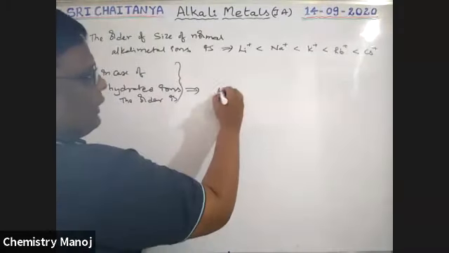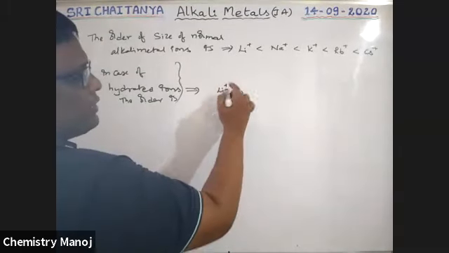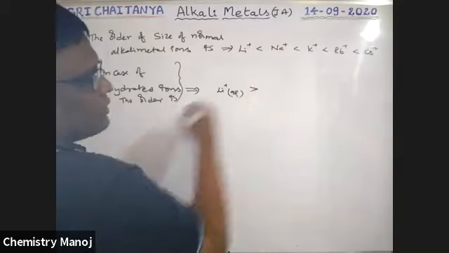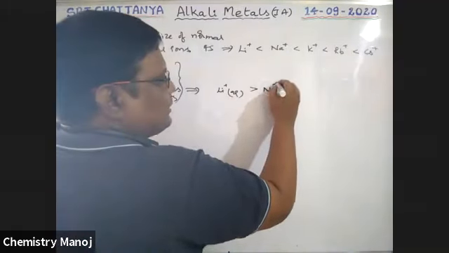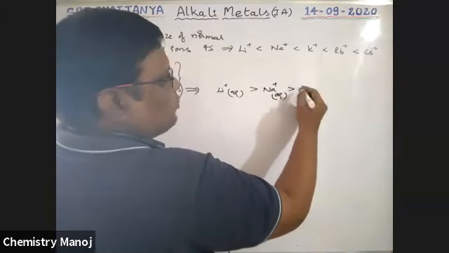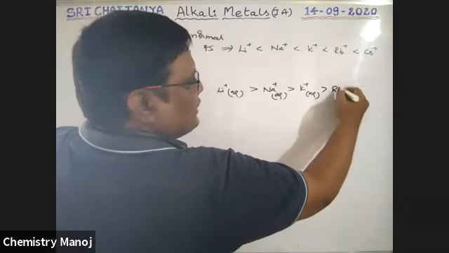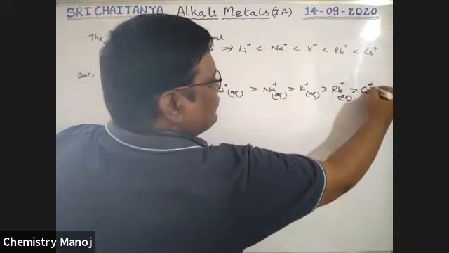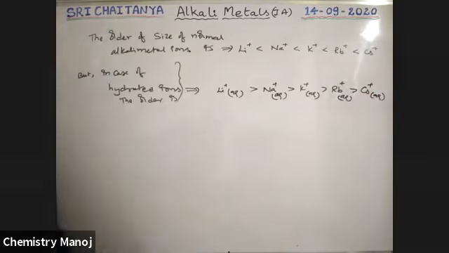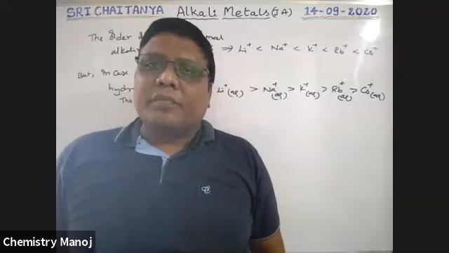Therefore, Li plus in aqueous condition, not normal condition, boys, has more size than Na plus aqueous ion, which has more size than K plus aqueous ion, which has more size than Rb plus aqueous, greater than Cs plus aqueous. See, boys, in water, which metal ion has more size? That is lithium.